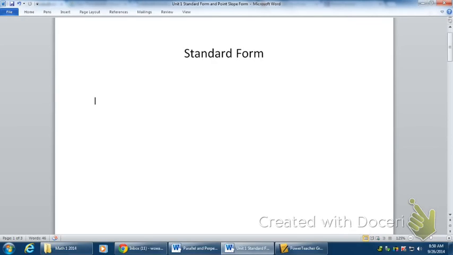Standard form is actually written like this. Write this down. Now, the main thing you need to recognize is, you know how in slope-intercept form we had y equals mx plus b?